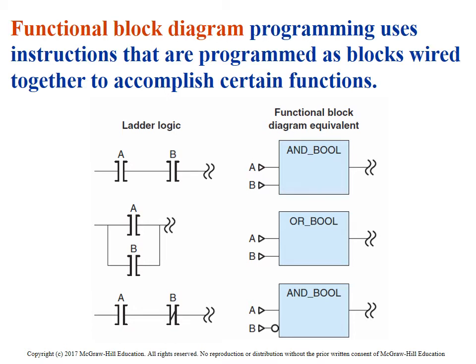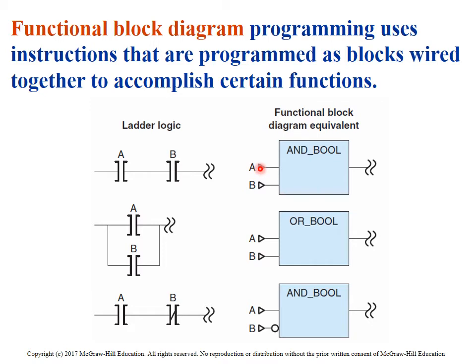One of the points they're bringing up here is the understanding of ANDs and ORs. I don't know if all of you have had digital at this point or not. When you're looking at AND statements, A and B have to be on in order for the output to turn on.